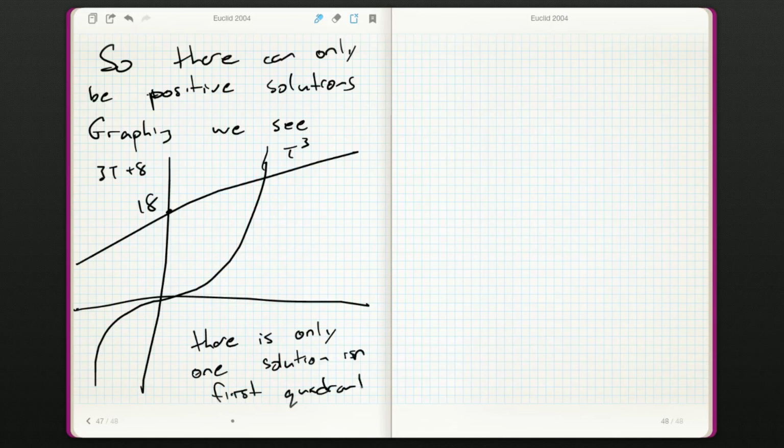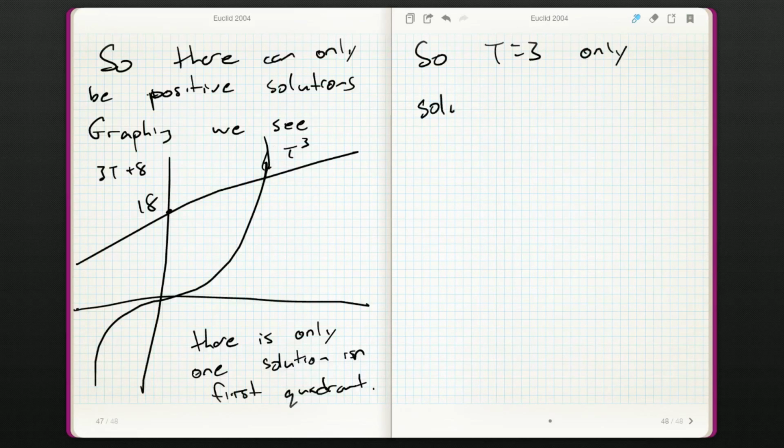Only one solution in the first quadrant, and I'm satisfied with that. And they're only going to cross each other once, because then t cubed grows too far. So t equals 3 is the only solution.